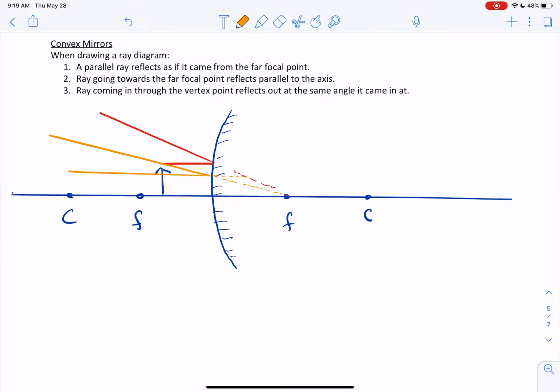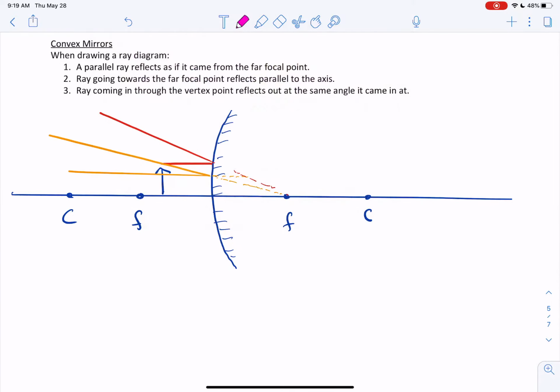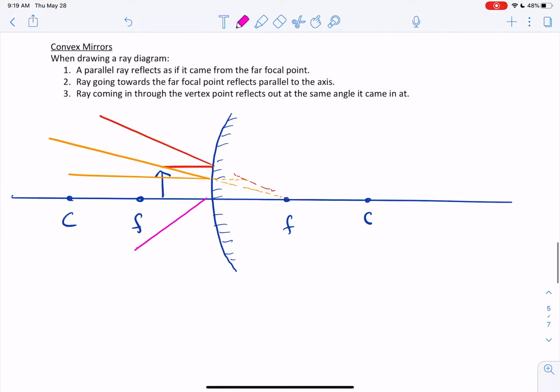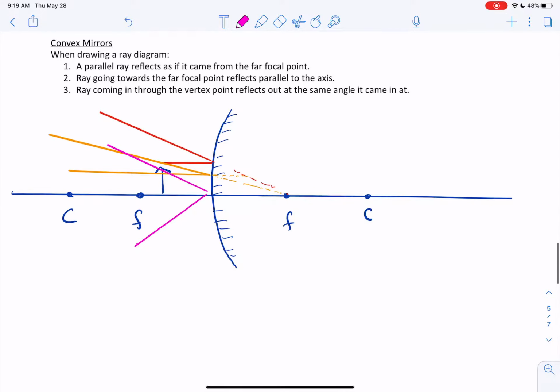Okay. All right, and now the last one is a ray coming in through the vertex point, which reflects out at the same angle. So this is exactly the same as for concave. We have it go in and it bounces out at the same angle. And we can continue this back.